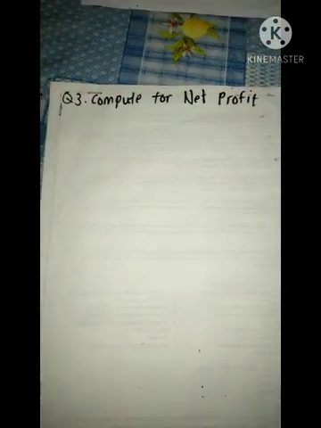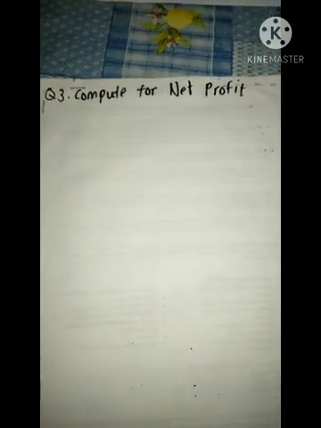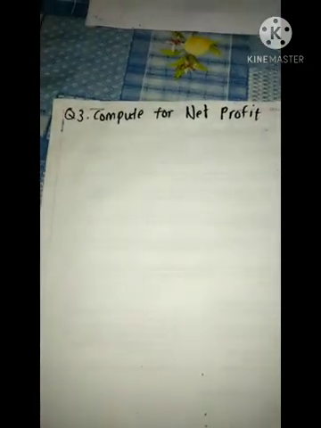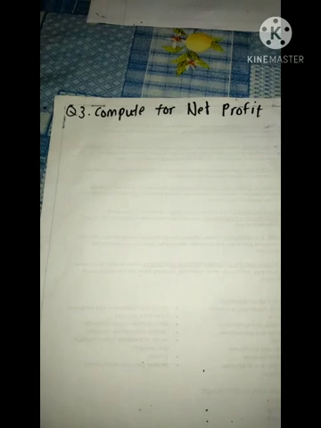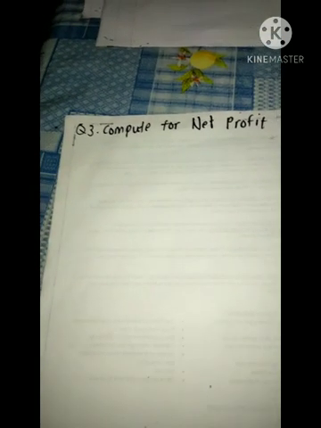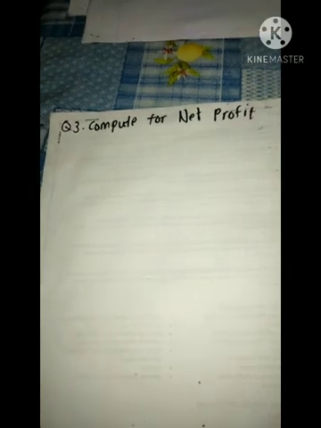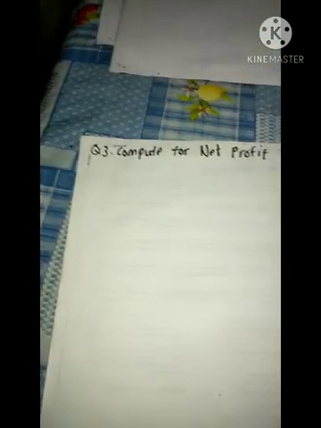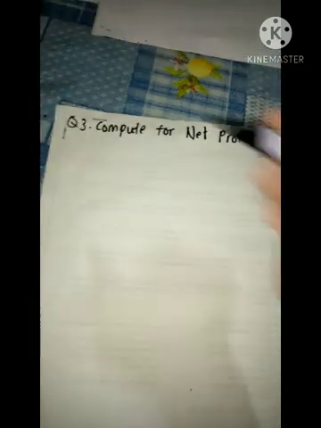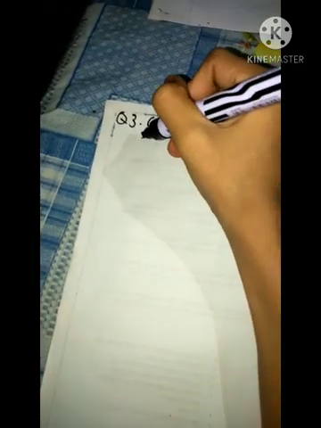Okay, question 3 naman is compute for net profit of Gushon. Net profit, ibig sabihin nito, deducting all the expenses, including the cost of goods sold, including the salaries and administrative, including tax. So, another term for that is net profit after tax. So, anong formula nun?